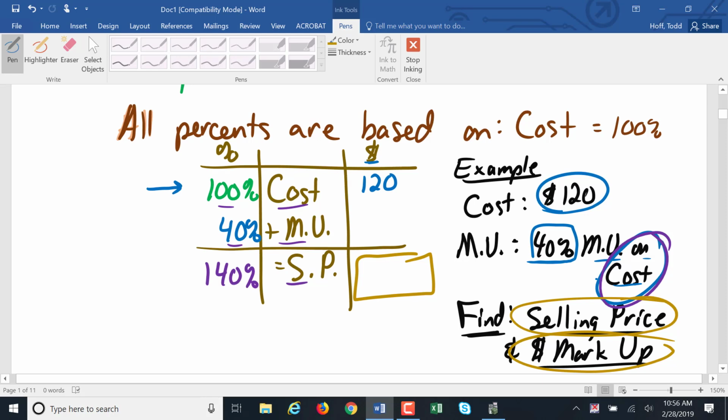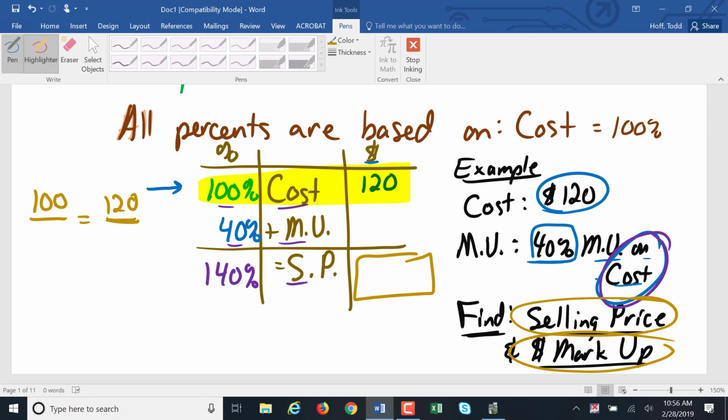Working with this table, this is actually a proportion within the table. I can pull out my information. I need the row that has both numbers, both the percent and the dollar amount. Here, that's the cost. So I'll pull that out, 100 and 120. Notice what I did is I just put those numbers on the top of the two ratios of a proportion.